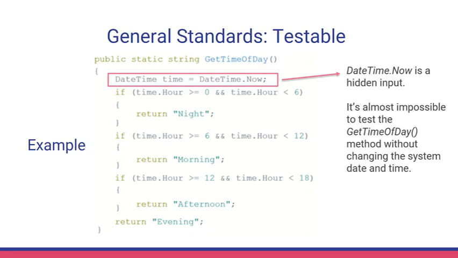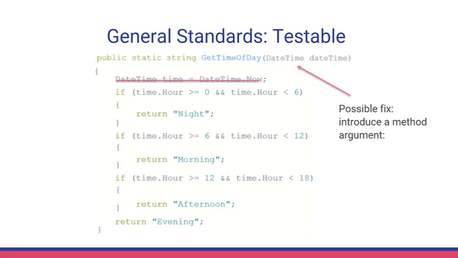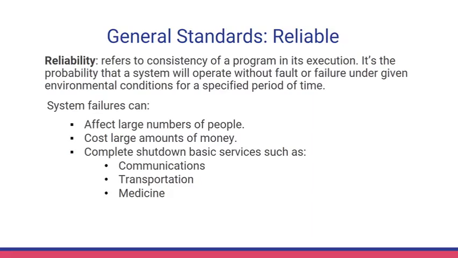It is almost impossible to test this function without changing the time in the computer. A solution could be to replace the way we get the time and pass an object as a parameter. That way you can call the function and specify the time at any given moment.